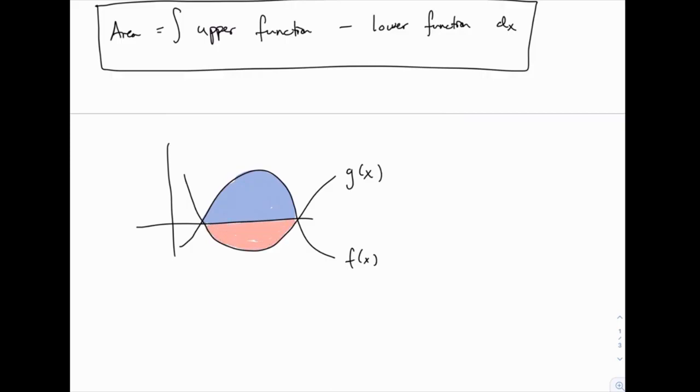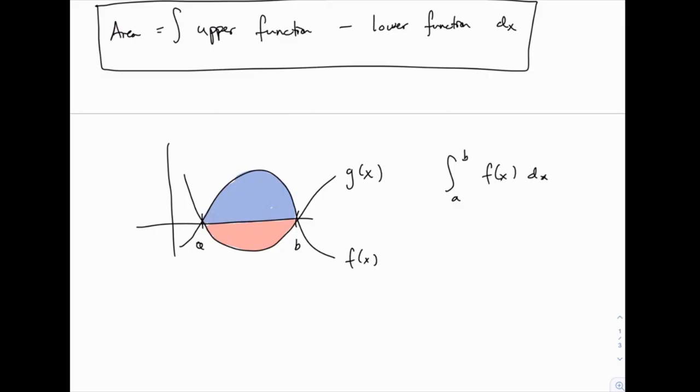And so you might look at this and say, well, we're really going to be adding two areas together because we have one area above the x-axis combined with an area below, and really starting with two separate pieces and adding them together. But if you think carefully about this, the area in blue underneath f of x is going to be the integral, let's call these limits a and b, the integral from a to b of f of x.